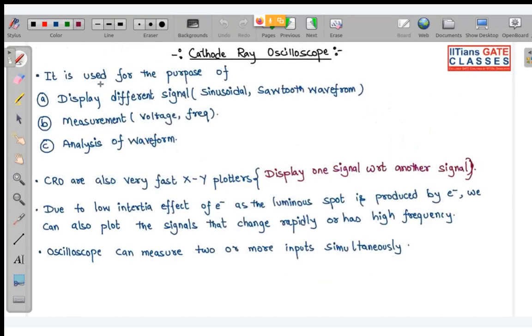Okay, so what is a CRO? A CRO is a very fast XY plotter. We haven't studied mechanical devices yet, but mechanical devices have inertia. Let me explain. Suppose you have a weighing scale, like the vegetable sellers use.